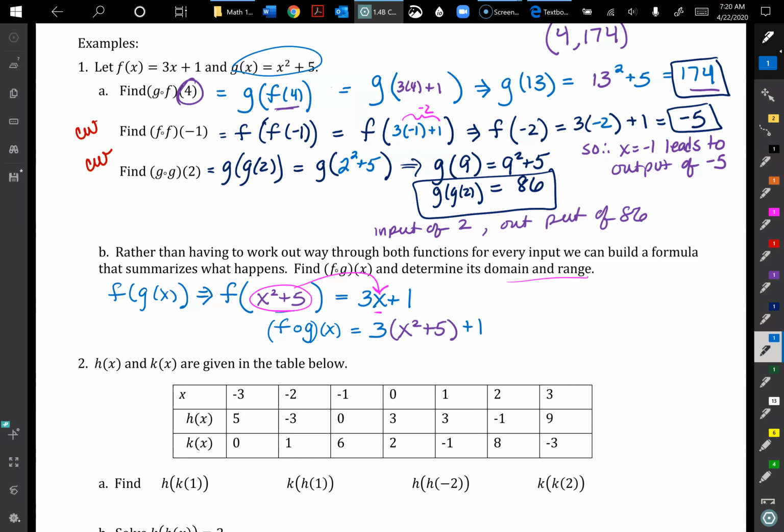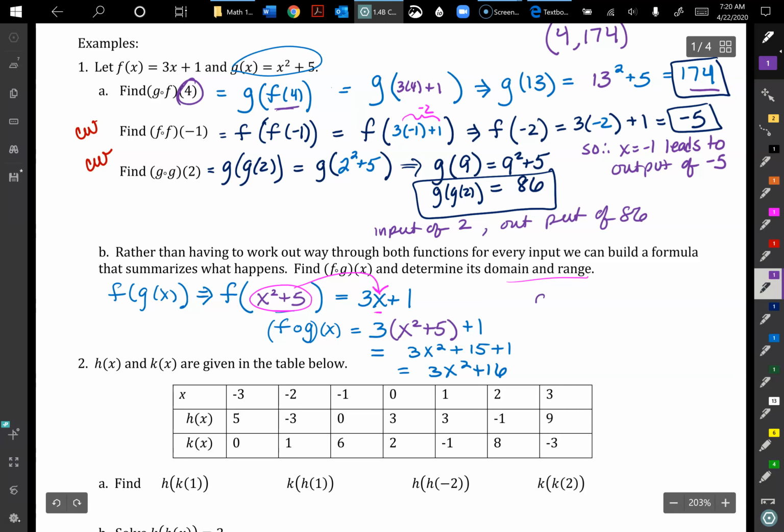Sometimes I've seen that happen. And then I have 3x squared plus 15 plus 1. And that all boils down to 3x squared plus 16. So my final answer is f of g of x equals 3x squared plus 16.